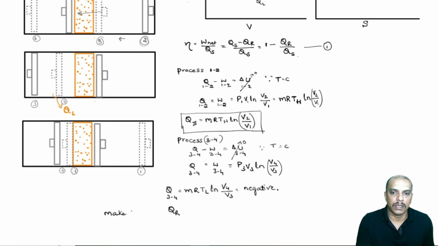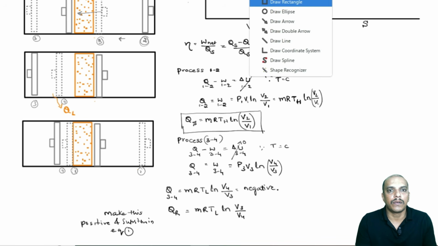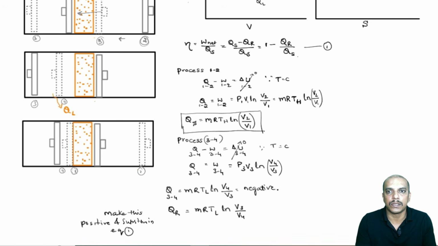Make this positive because I have already used the negative sign there, and substitute in equation 1. So, therefore, QR is equal to, how can we make this positive? Just write this as ln V3 by V4. So, now we have got one more expression, that is for QR.